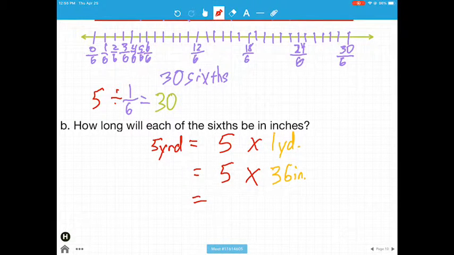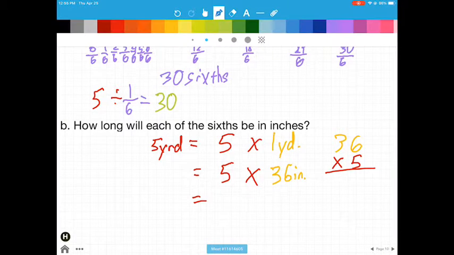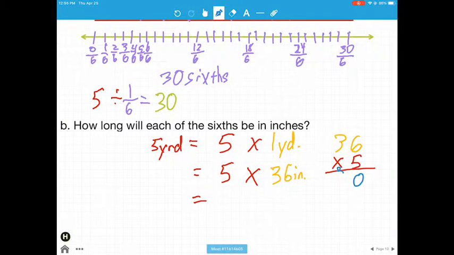So 36 times 5, I'll do it on the side just so that I want to make sure. Six times 5 is 30. 5 times 3 is 15, plus the 3 is 18. So it's 180 inches.